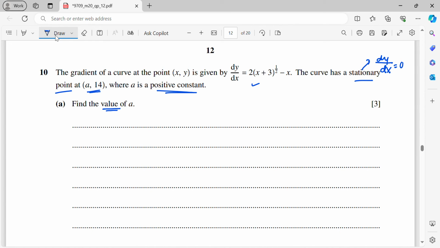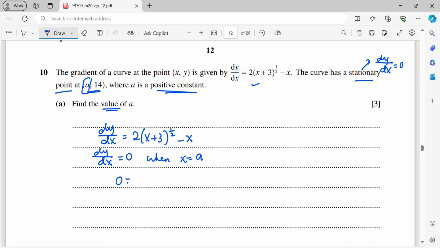That means now I will just rewrite the dy/dx first. 2 times (x plus 3) to the power of half, then minus x. dy/dx is 0, so stationary point, dy/dx is 0. That means now, and at the same time, the x is replaced by a. Okay, so here I will just write when x is a.